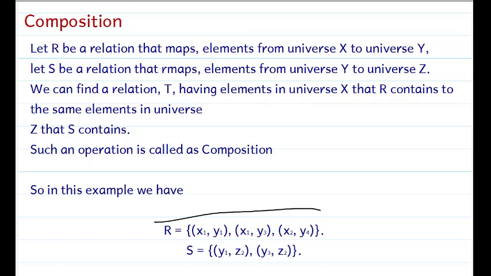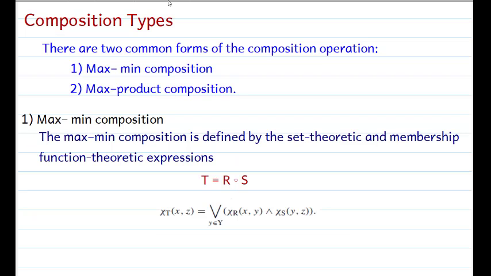Now consider these are the two relations. This is relation R defined from X to Y, and this is relation S defined from Y to Z. Now there are two forms in which we can perform the composition operation.